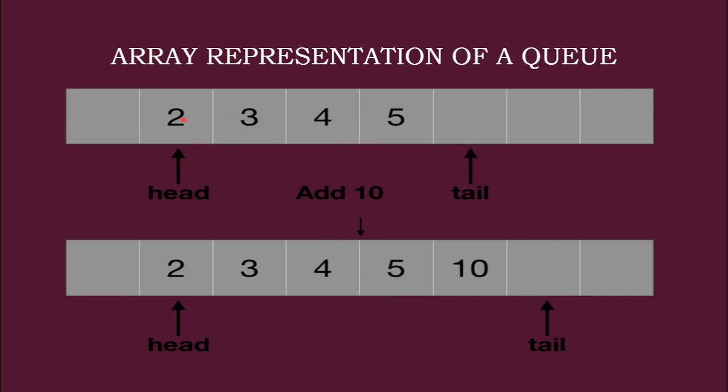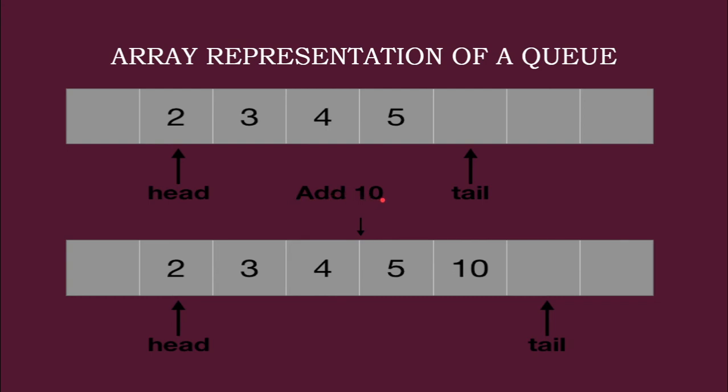Now the first entered is 2 and it is at the front of the queue, and next entered are 3, 4 and 5, and after 5 there is no entry. Now this is the tail. If some element has to be added, that will happen only at the tail portion. This picture shows that suppose you are asked to add 10 in the queue.